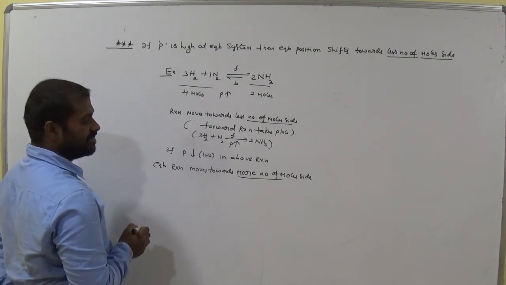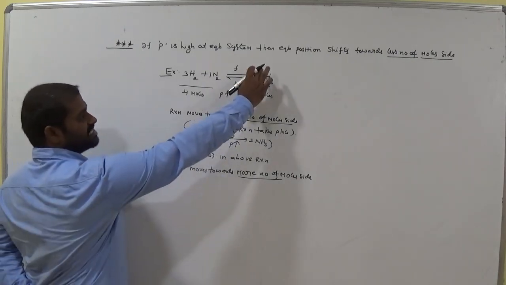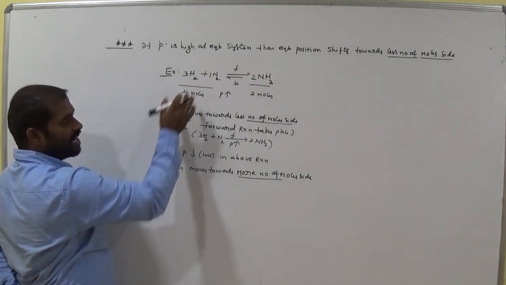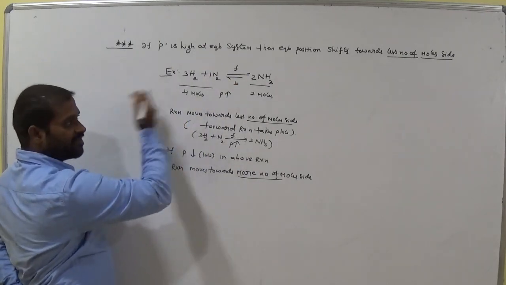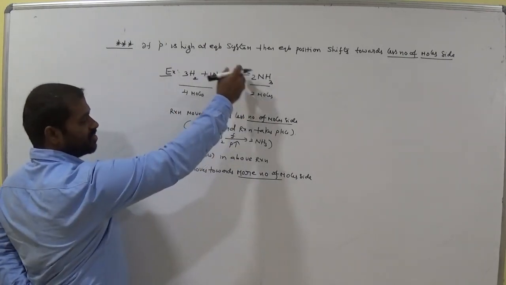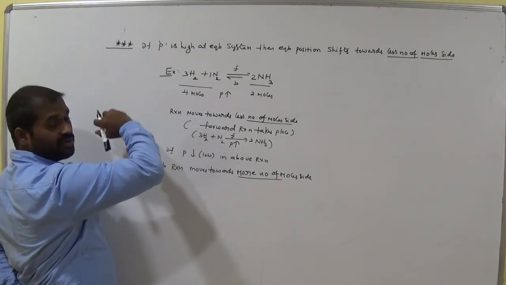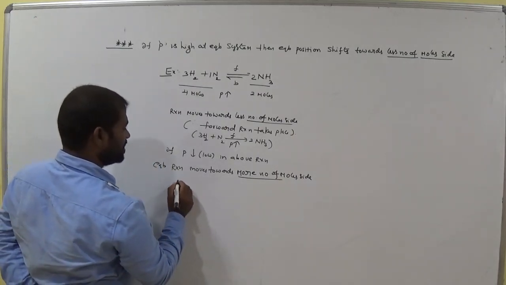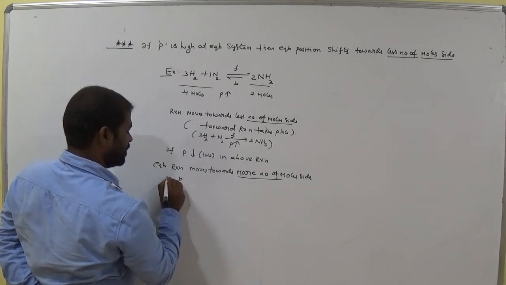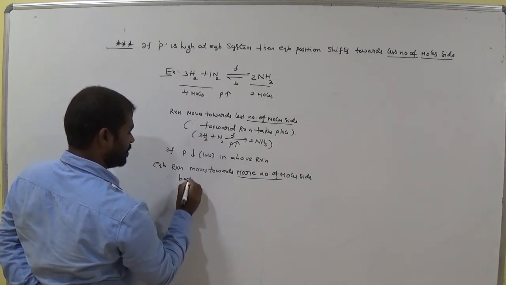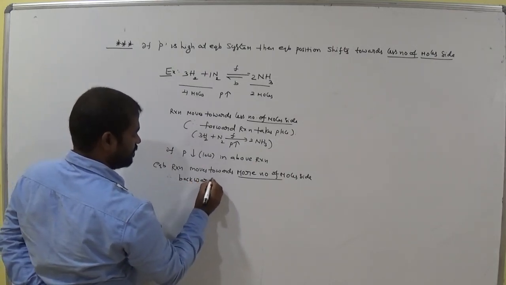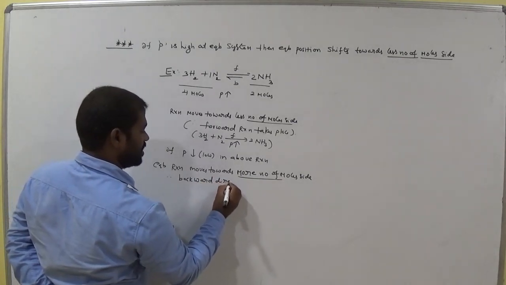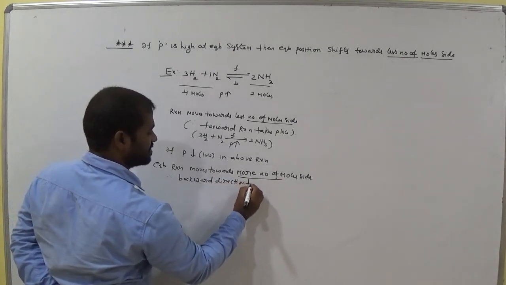More number of mole side means in which direction? These are less number. This one is more number. That means backward or not? Backward direction. So from less number to more number of moles side, the reaction tries to move. Therefore backward direction takes place.